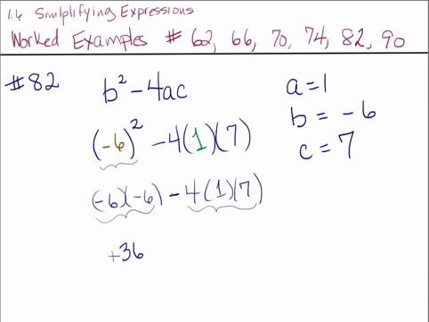Of course, I don't need to write the positive, but don't forget your rules for multiplication of signed numbers. I can drop this minus down, and then 4 times 1 is 4, times 7 is 28. 36 minus 28 is 8. That's my final answer.